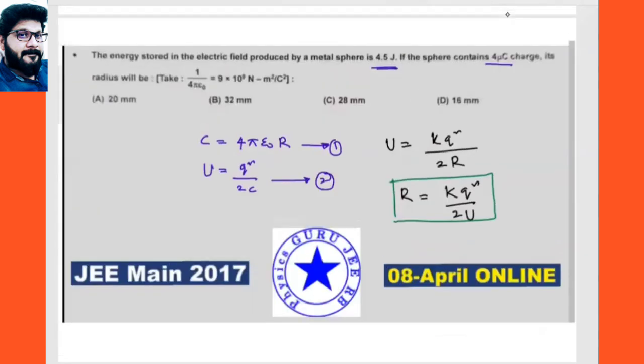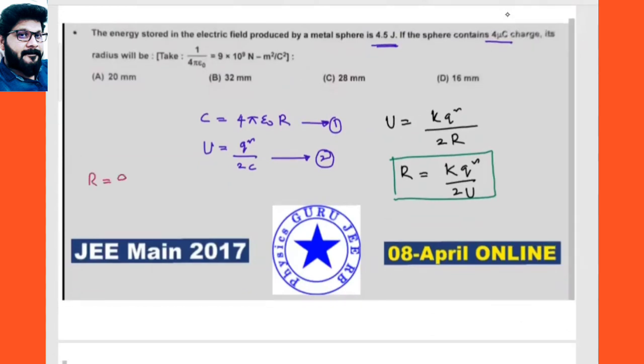If I substitute the values here, R equals 9 into 10 to the power of 9 into Q square, that is 4 into 10 to the power of minus 6 whole square, divided by 2 into U, where U, the energy given, is 4.5.